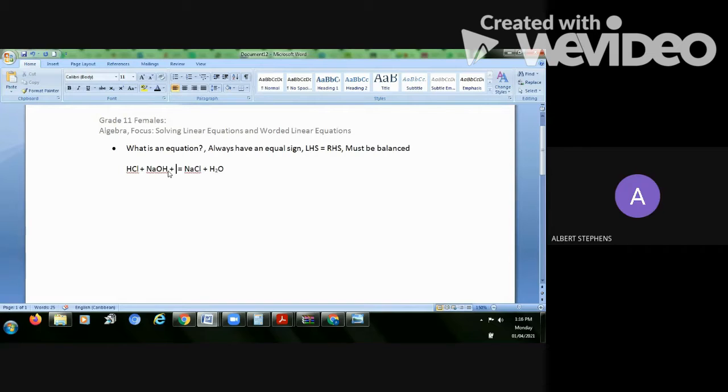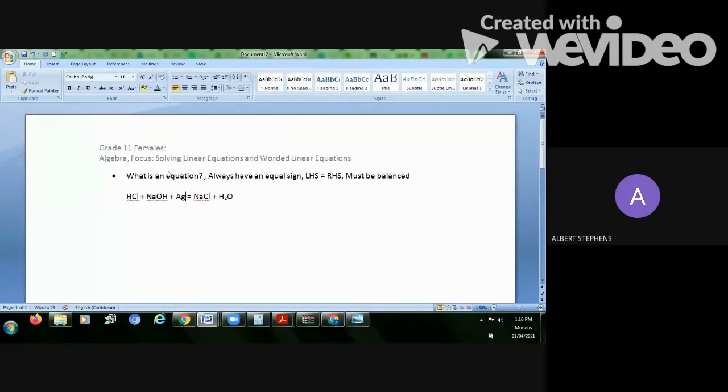What if I decide to add something on the left-hand side? For example, suppose I want to add silver. That's a chemical formula for silver. If you're gonna add silver to that mix, you have to subtract what?